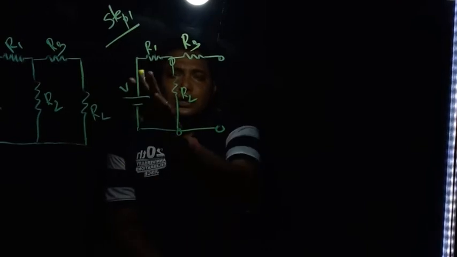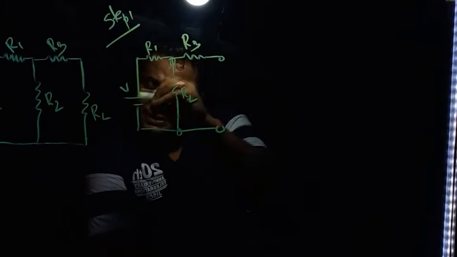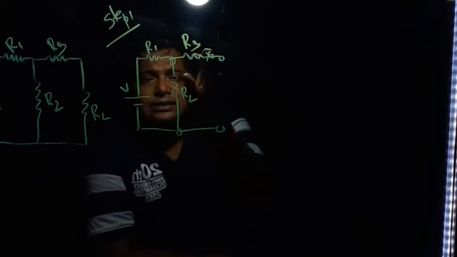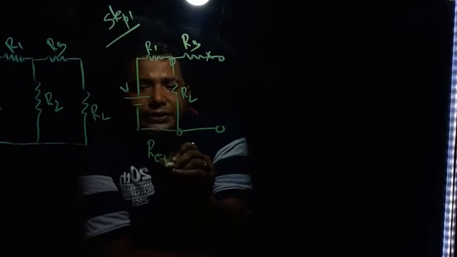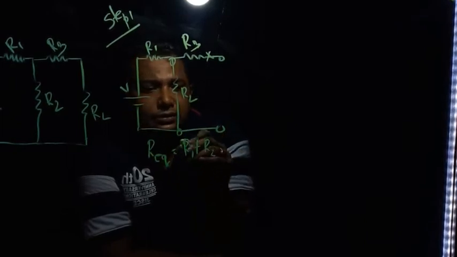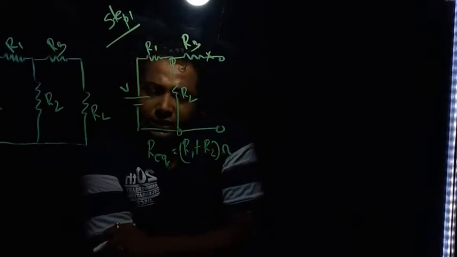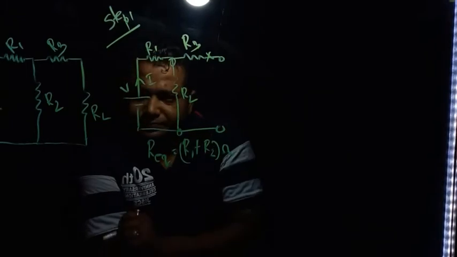Only two resistors are working here; though the third is present in the circuit, it is not effective as the terminal is open. So R equivalent in this case is R1 plus R2 in ohm, correct? Now say this is the I current.